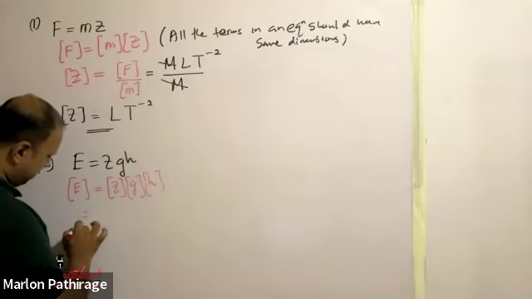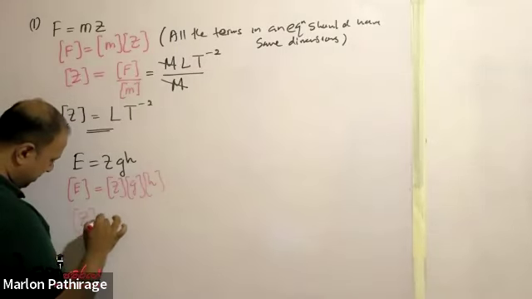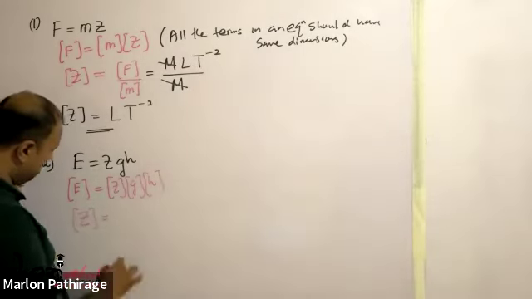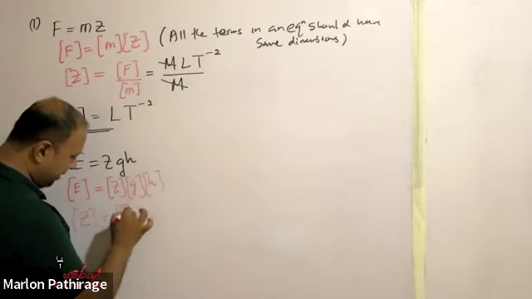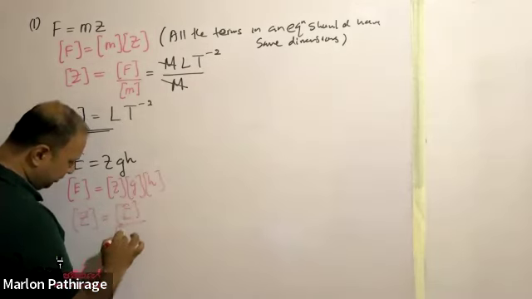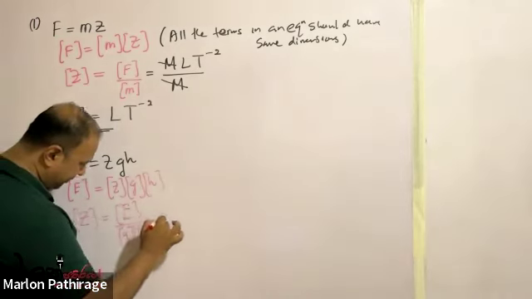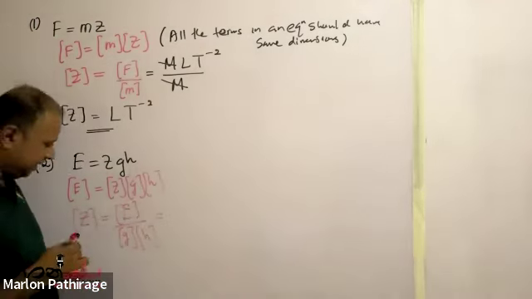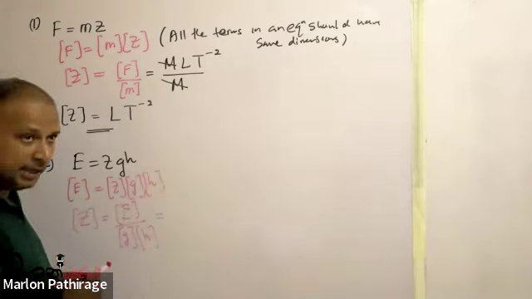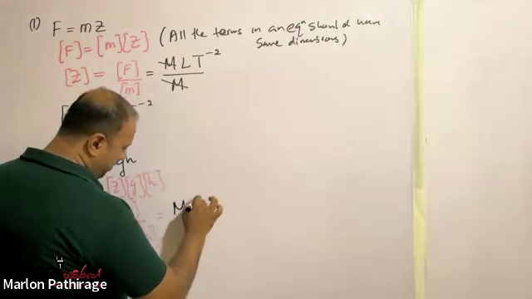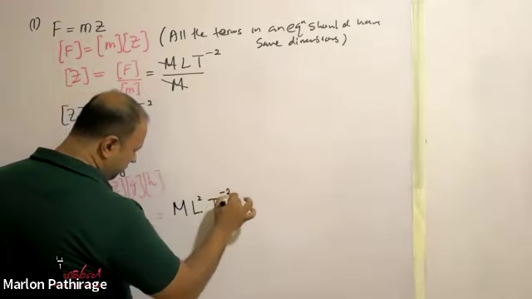Therefore, the dimension of Z can be written as the dimension of E over the dimension of G, dimension of H. The dimension of energy is ML squared T minus 2.